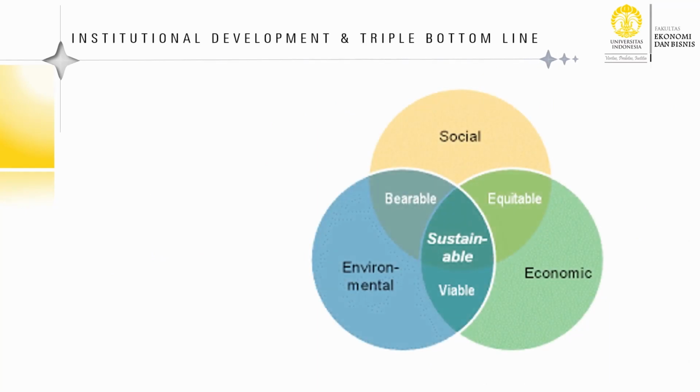At the end, every country wants a sustainable development. So far, we have talked about how to promote economic growth in the long run, but neither economic growth nor economic development can be sustained without the two elements here, the social and the environmental element.